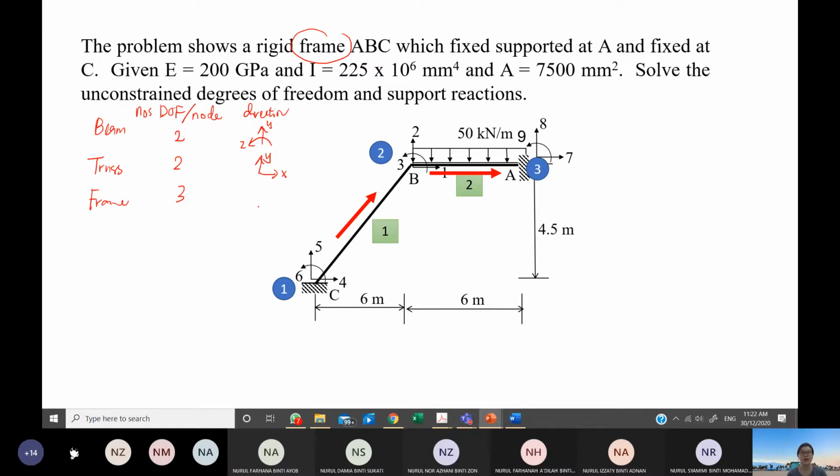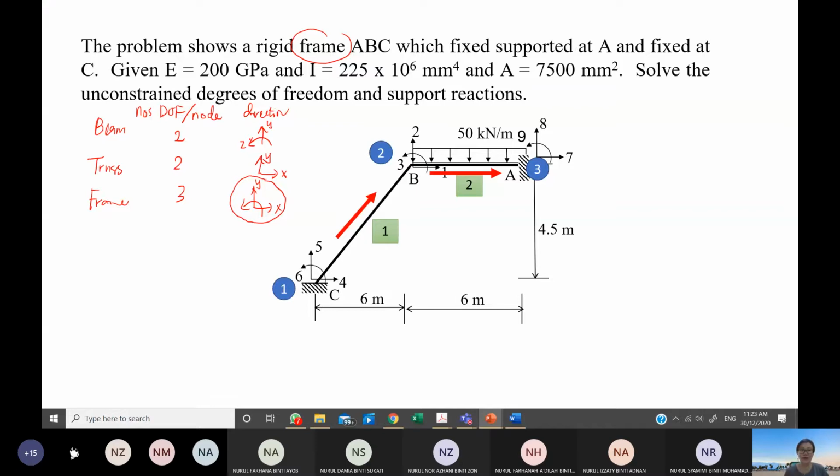And for a frame, it will cover the X, Y, and Z directions. Therefore, you need to put this indication for all the nodes. There are 3 nodes, so the total DOF for this system is 9. You can imagine you shall have a 9 times 9 matrix in your stiffness equation later.